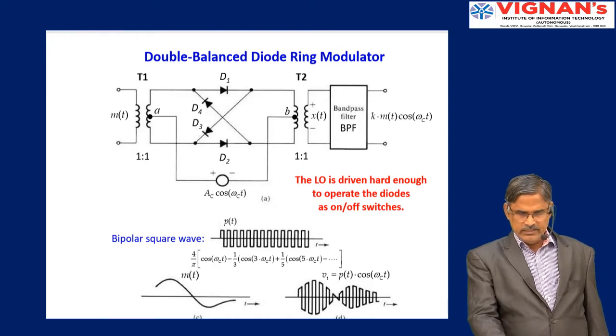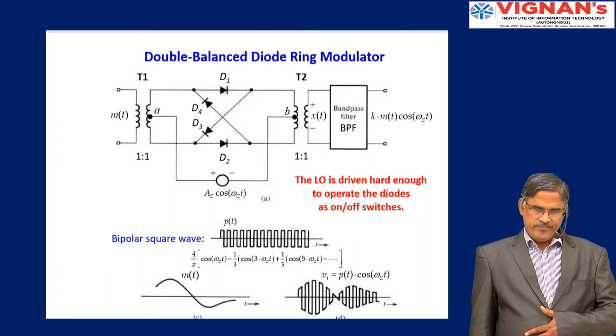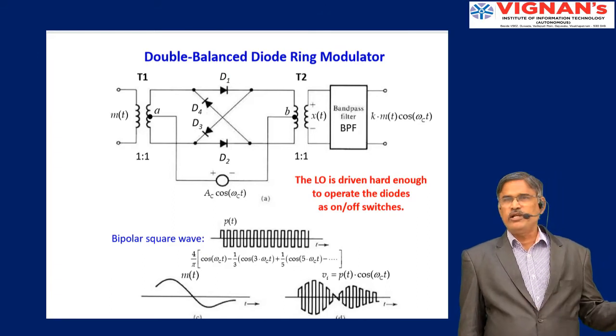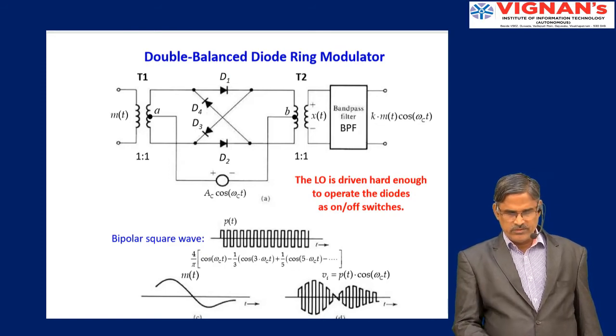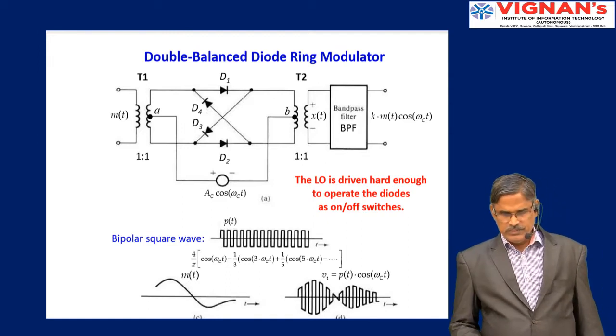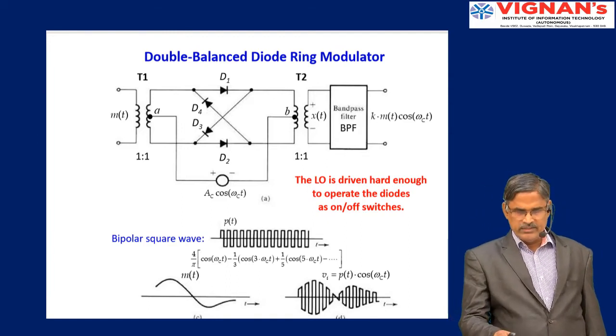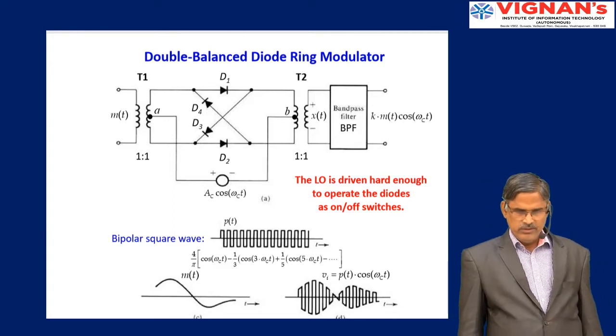So the message is applied to the primary of the input transformer, and the carrier signal is applied to the center taps. One end goes to the center tap of the input transformer and the other end of the carrier goes to the center tap of the output transformer.